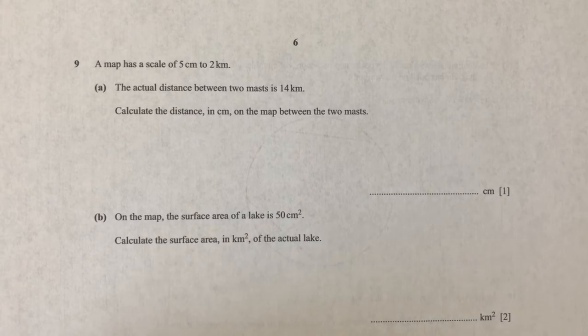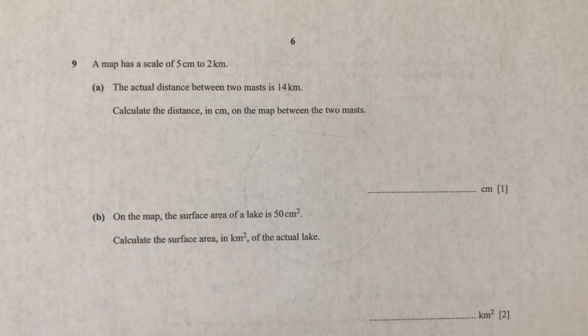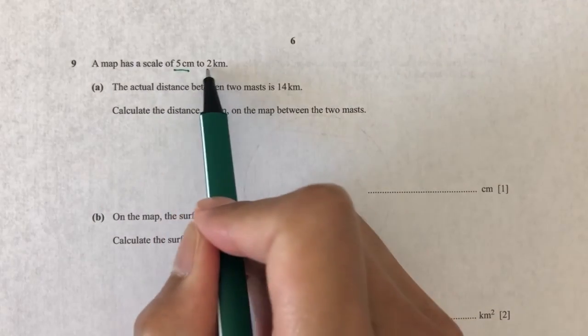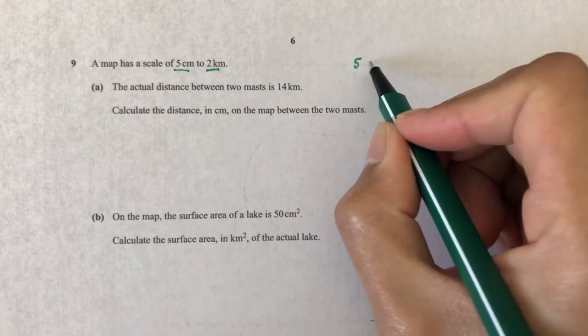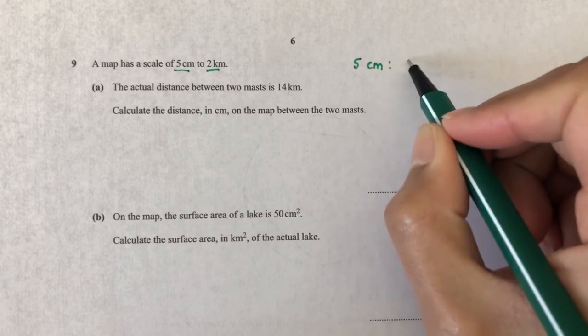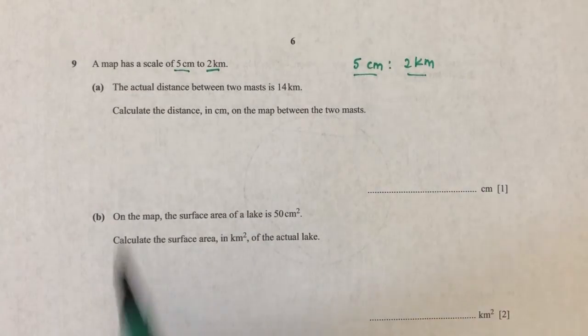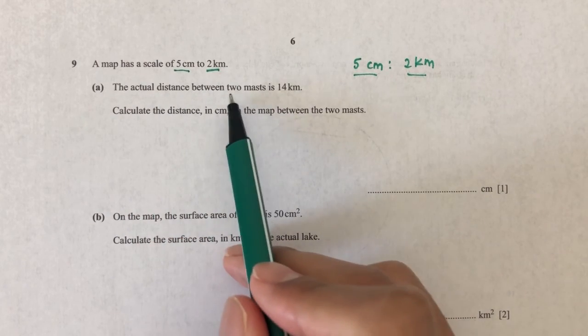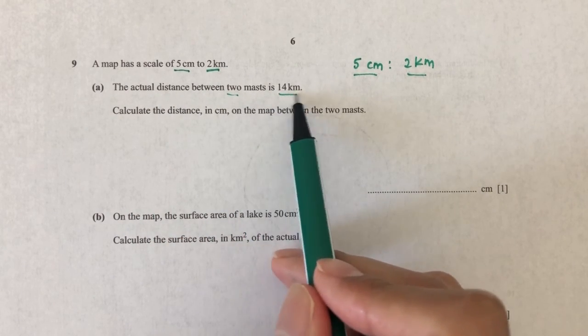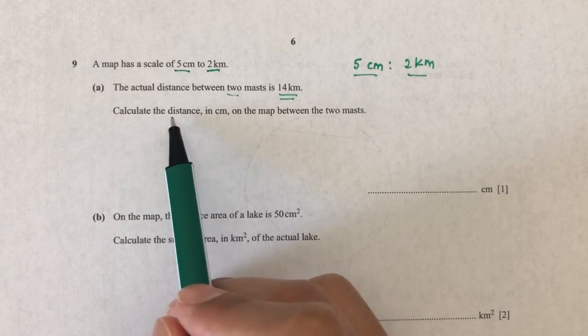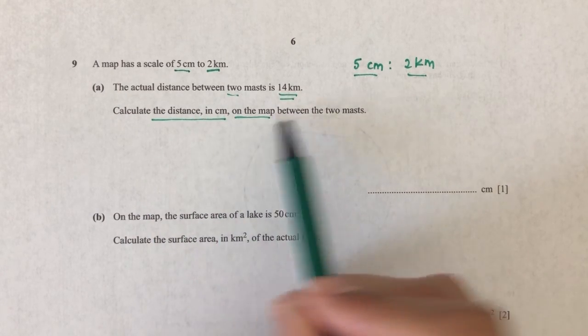Question number 9. A map has a scale of 5 centimeters to 2 kilometers. That's the scale of the map. The actual distance between the two masts is 14 kilometers. Calculate the distance in centimeters on the map between the two masts.